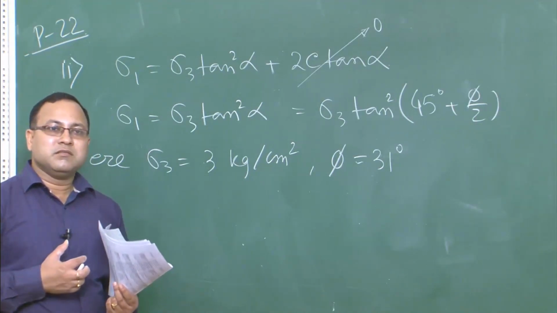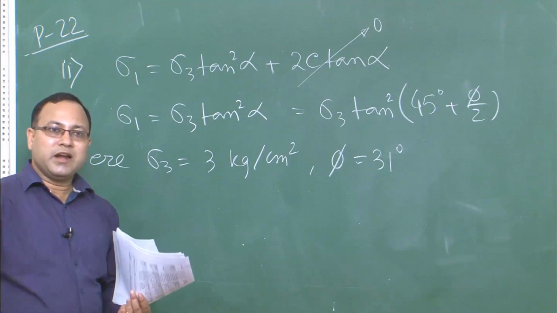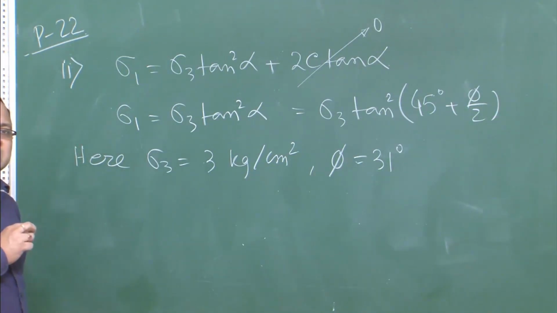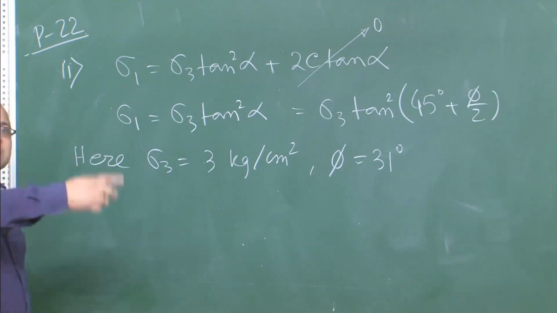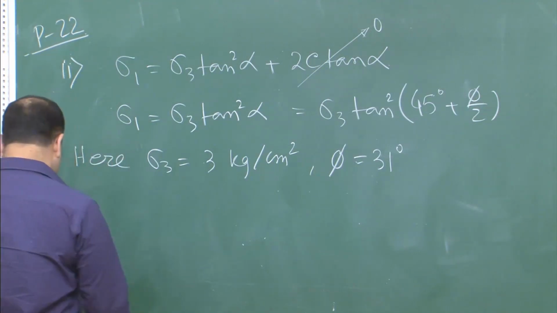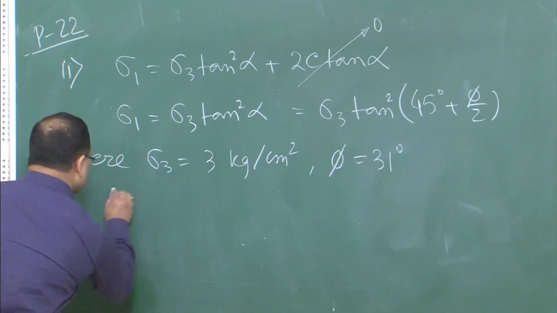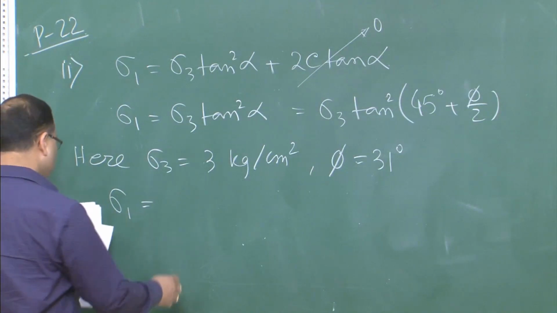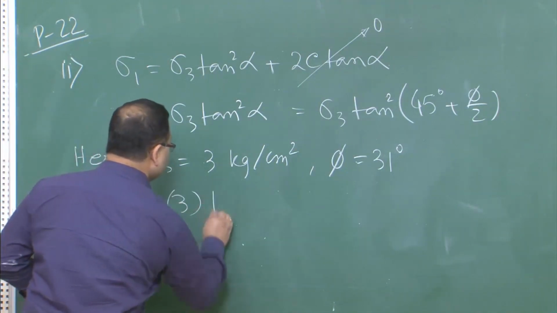Phi cannot be varied with the variation of the cell pressure. So, phi will remain the same as what you got with the other cell pressure, that is 2 kg per centimeter square earlier.